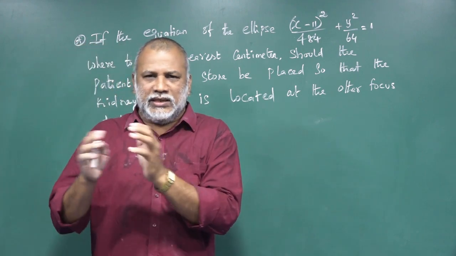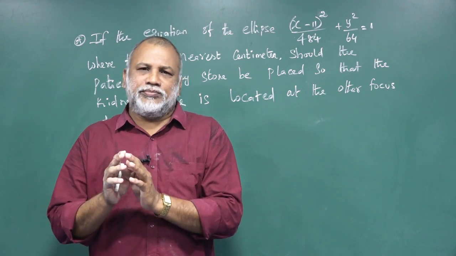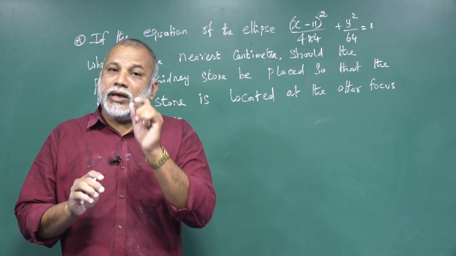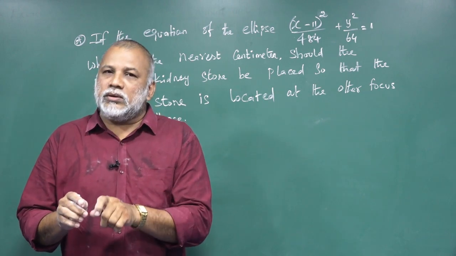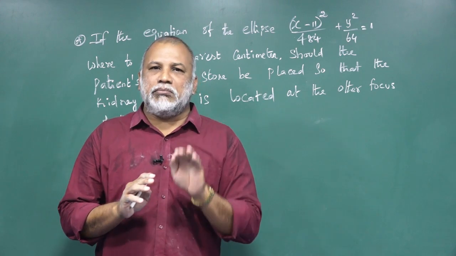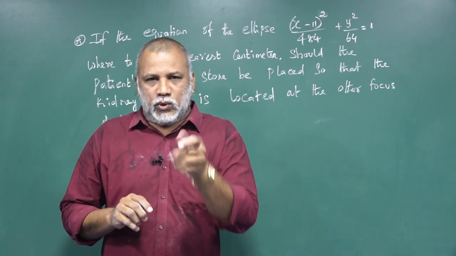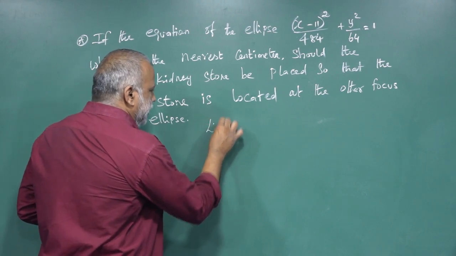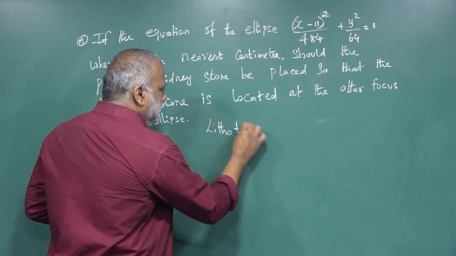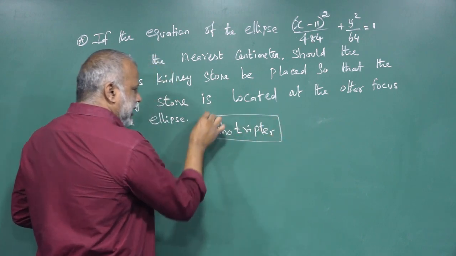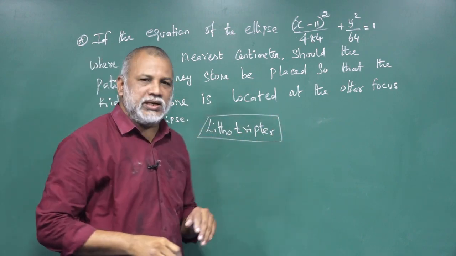You have heard the word kidney; stones may form in the kidney. To remove the stone without an operation, there is some machinery. One of that machinery is called lithotripter. It is a medical term for machinery.